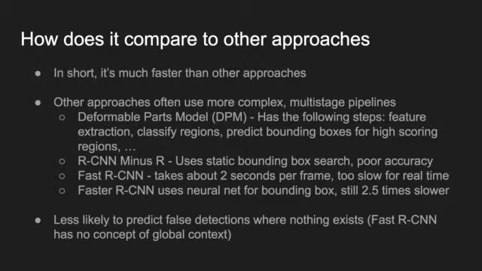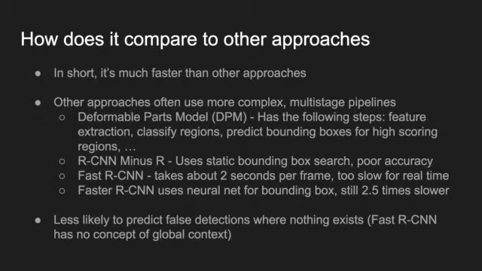One of the drawbacks behind this DPM model was that it only looked at local regions, so it didn't take the entire contents of an image into context. So it had poor accuracy. It had strict feature extraction, classifying regions, and predicting bounding boxes for high scoring regions, but that still resulted in poor performance.